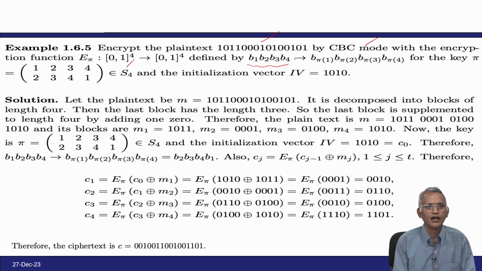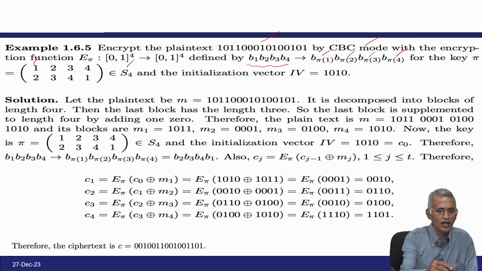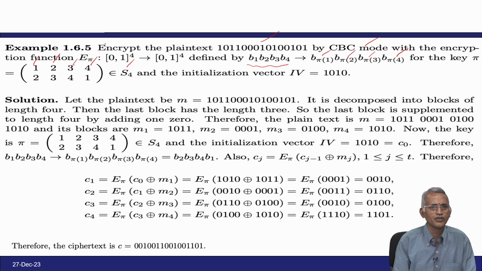The code corresponds to the codomain: B_pi(1) is permutation 1, B_pi(2) is permutation 2, B_pi(3) is permutation 3, B_pi(4) is permutation 4 for the key pi, that is 1 maps to 2, 2 maps to 3, 3 maps to 4, 4 maps to 1 in the permutation group, and the initialization vector IV is equal to 1010. So, this is a key and the vector is given.